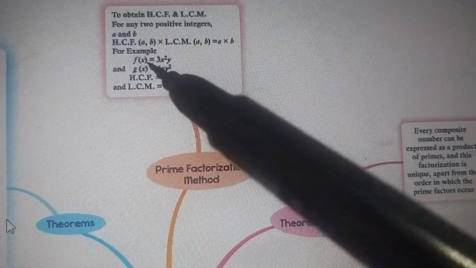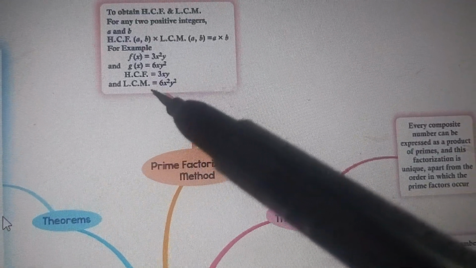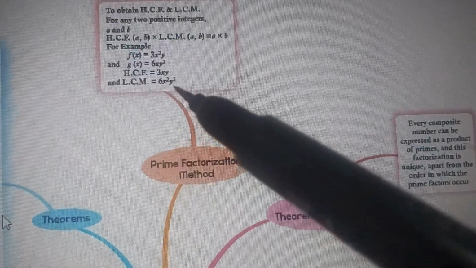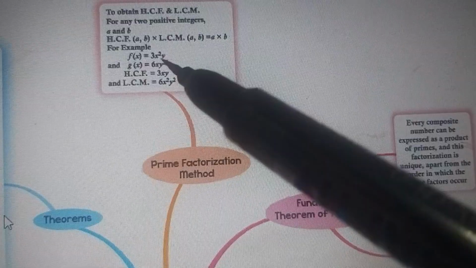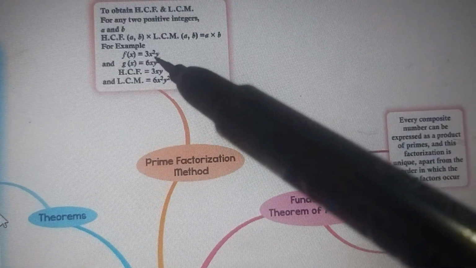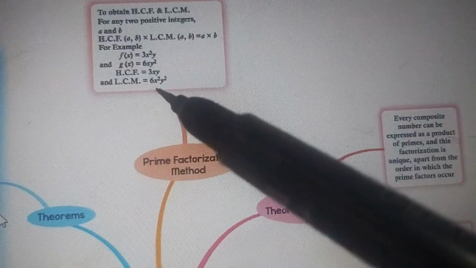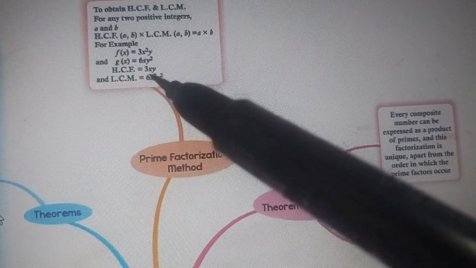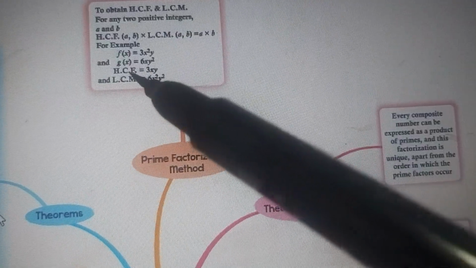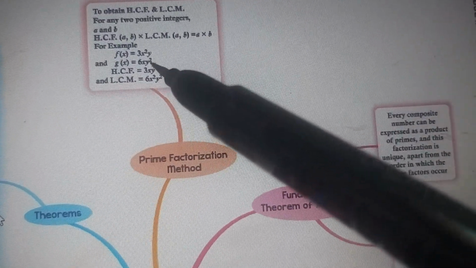For example, f of x and g of x: HCF is 3xy, LCM is 6x square y square. Then the product of f of x and g of x is 18x cube y cube. The product of HCF and LCM also we get 18x cube y cube. See here, 3 into 6, 18x cube y cube. So the product of HCF and LCM is equal to f of x into g of x.